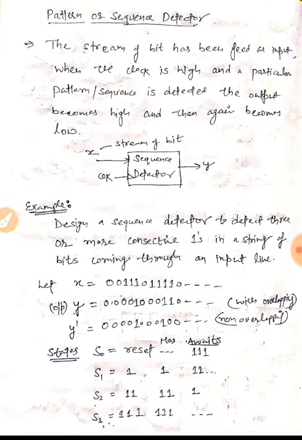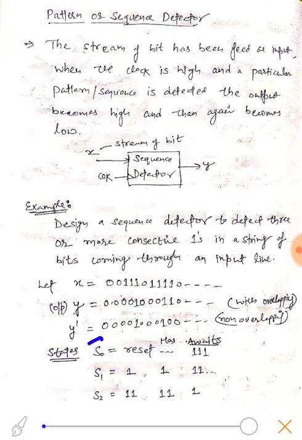Let us first decide the number of states our sequence detector can be in at a particular instant of time. So if the pattern starts, and that is in the reset mode, the first state is reset state, that is S0. It can get a 0 or a 1, but it will await to get 3 ones. Now let us assume that our sequence detector has detected 1.